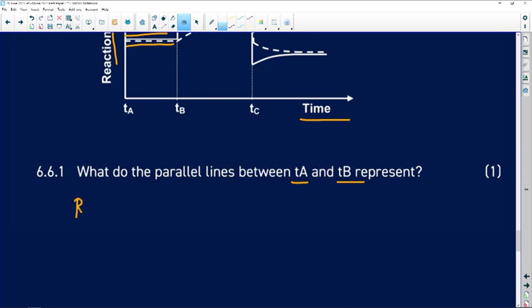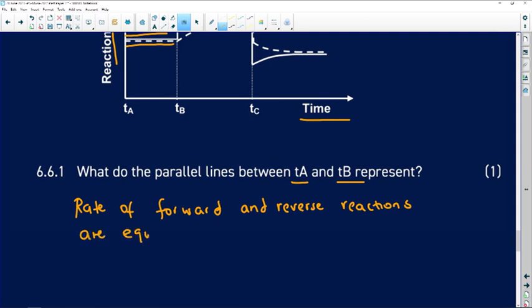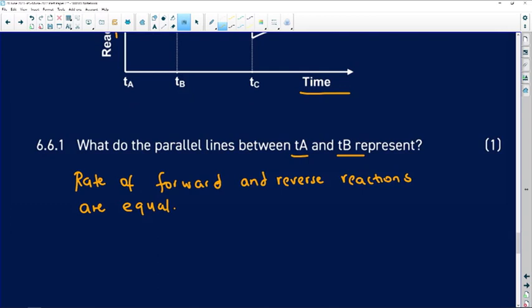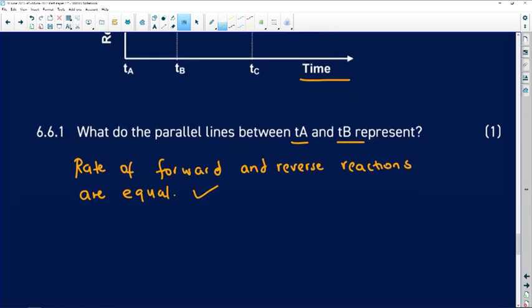So we can say that the rate of forward and reverse reactions are equal. That's how you get your 1 mark there. Those parallel lines indicate that the rate of reverse and forward reactions are equal.